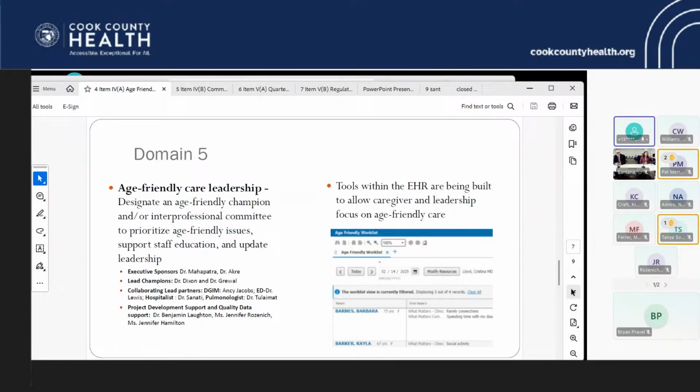Okay. Pat Merriweather on our virtual. Yes, I'm looking at this for the age-friendly care leadership, and I don't see any patients or families or caregivers involved. That ties into the other measures that are going on, where there is not a requirement, but an urging to include patients and families. I think it would be worthwhile to hear from people.